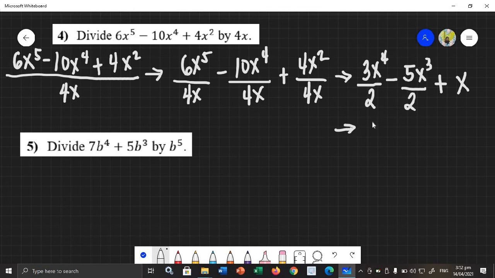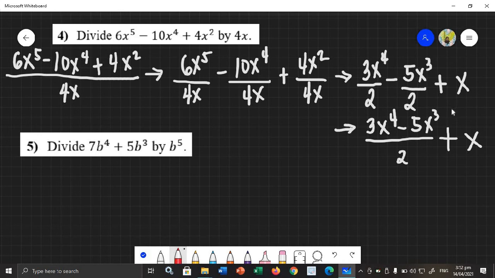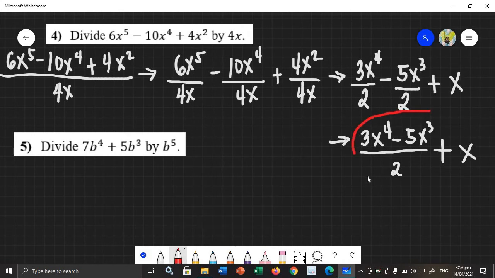So we can just rewrite them like this. 3x to the fourth minus 5x to the third all over 2 plus x. This is now our quotient. So this is now our quotient for example number 4. So we have 3x to the fourth minus 5x to the third over 2 plus x.